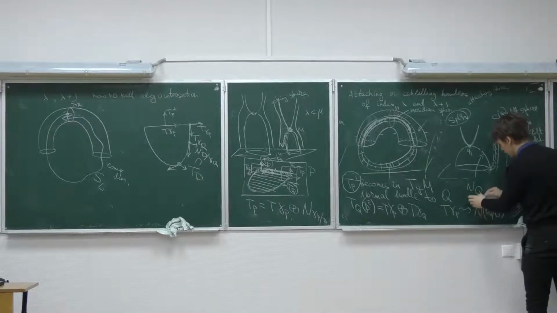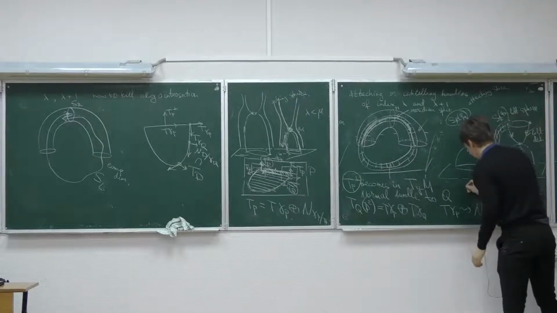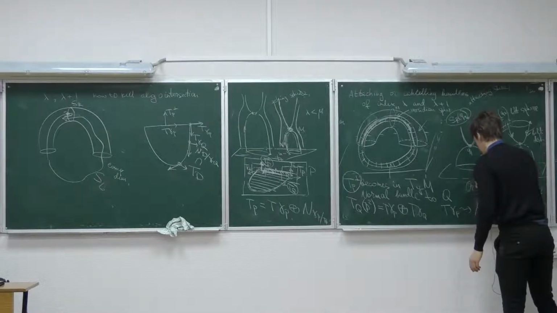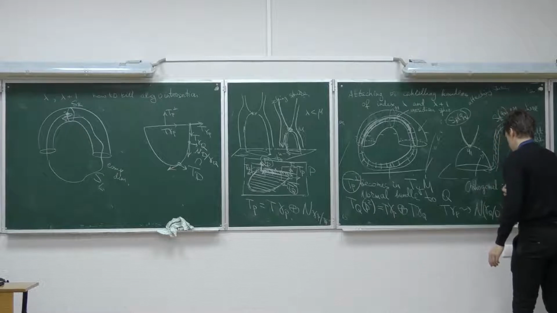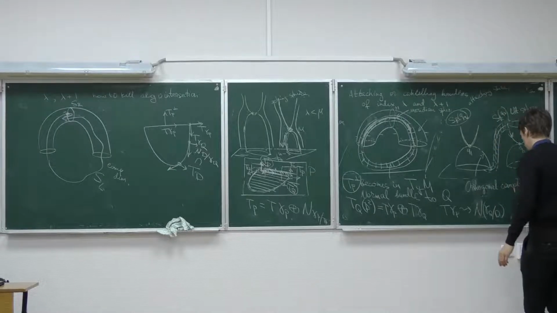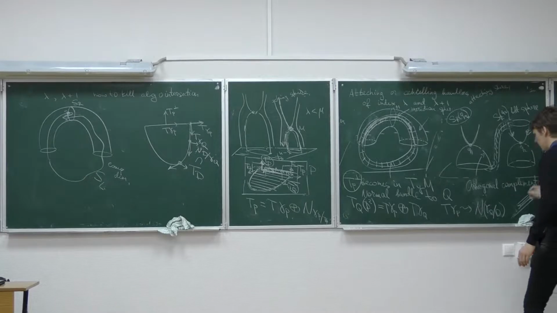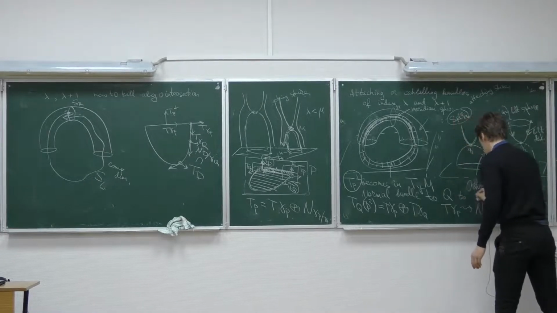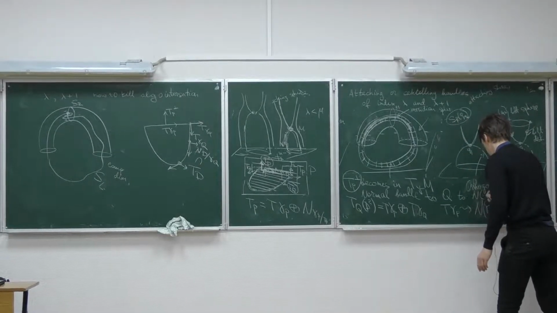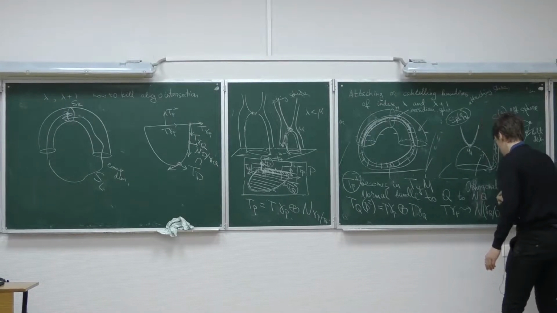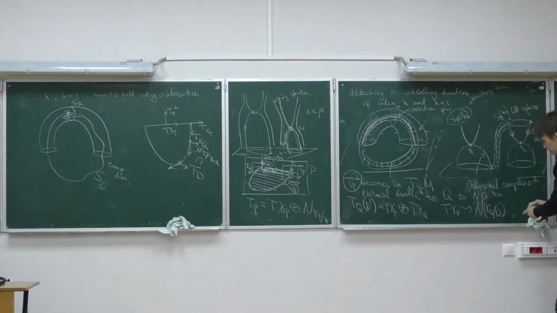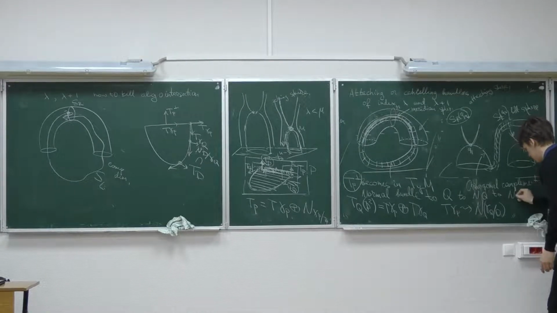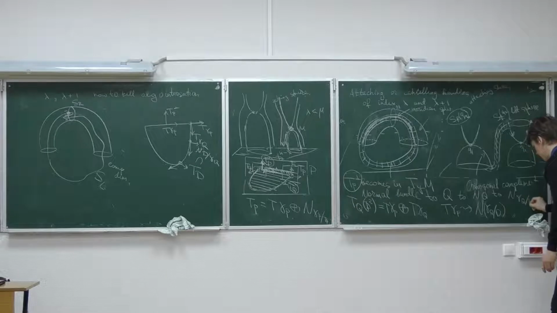So the orthogonal complement to the normal bundle of Q, to the normal direction of gamma Q to the disk.